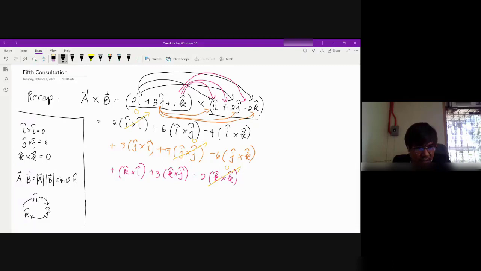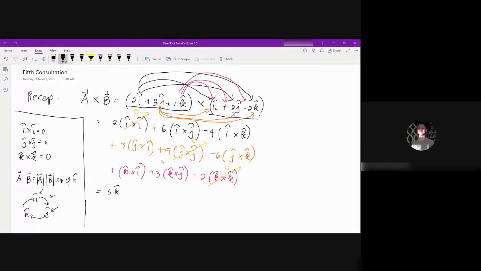So, you have I cross J, that produces K. And then, J cross K, that produces I. And so on. Kung yung reverse, that's negative. So kung i-apply nato sa example karon, this is I cross J, that's actually K hat. Tama?